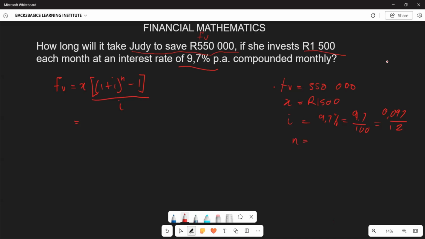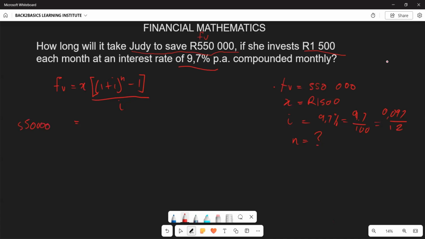So what we are seeking to find is the value of N. For us to calculate N, firstly we have the future value, which is 550,000.